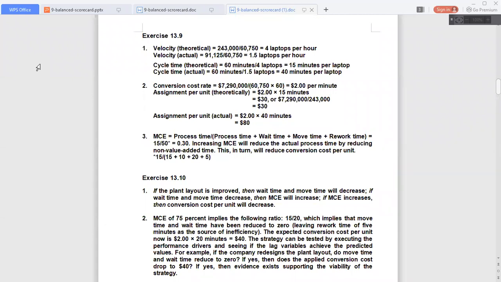The conversion cost per quarter is 7,290,000. There are 60,750 production hours available within the plant per quarter.